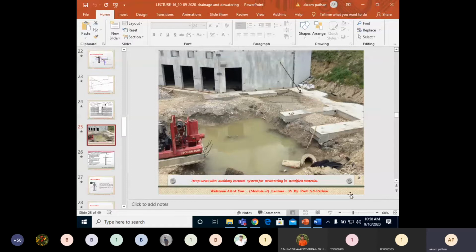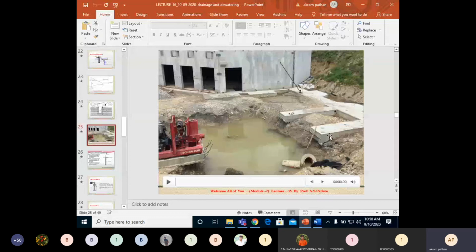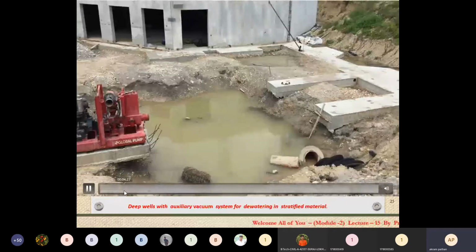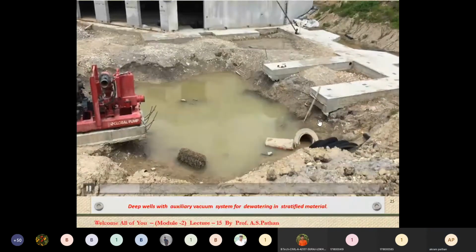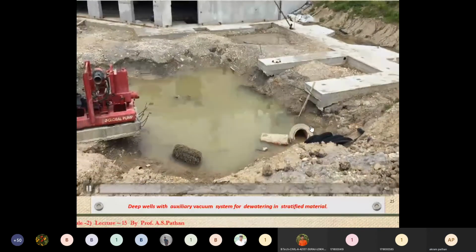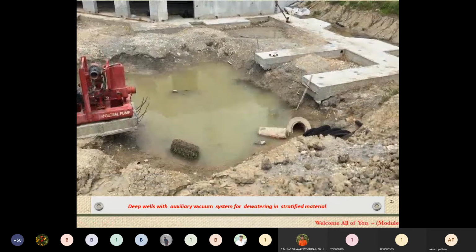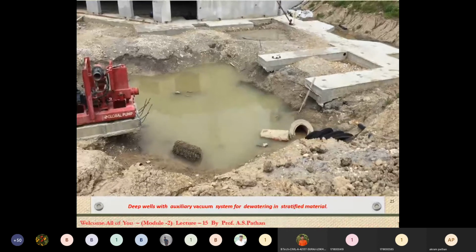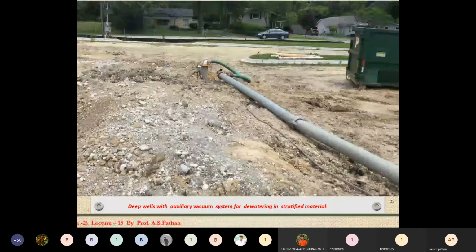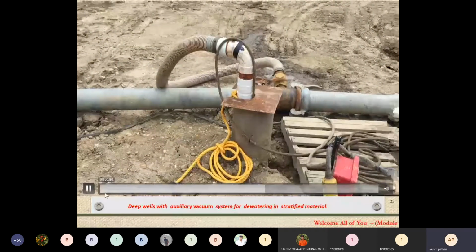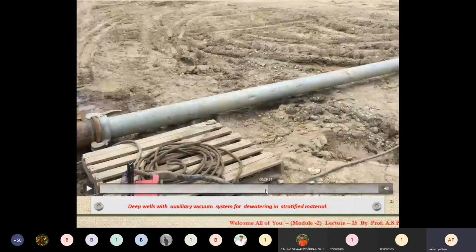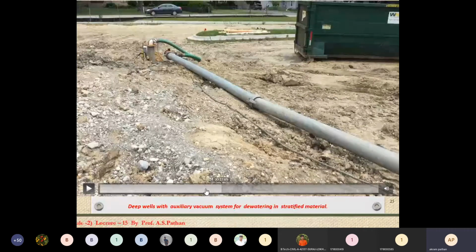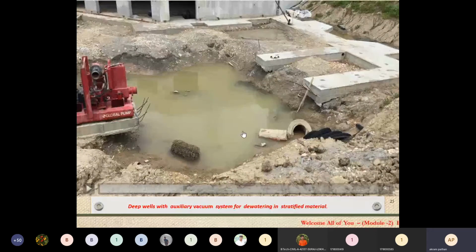If you want to dewater this water in the case of deep well drainage systems, see here, this is the area, and in this area there is water.